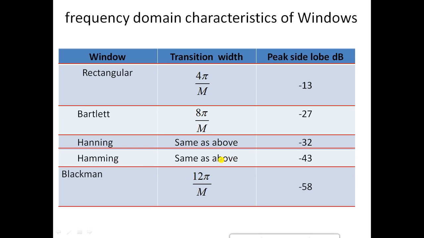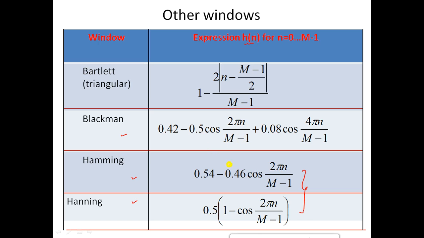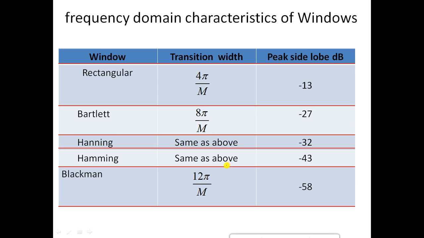Now, as I told you, all these equations are in terms of the time domain. When I move to the frequency domain, I'll explain with respect to the rectangular window. This is the equation in the time domain; when I move to the frequency domain, it will be a sinc function. This we already know, many of you.